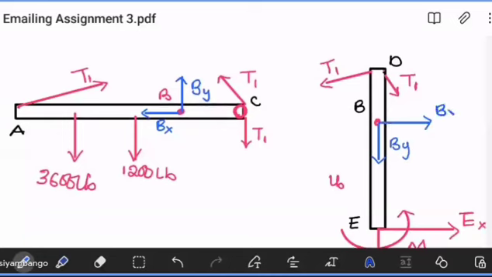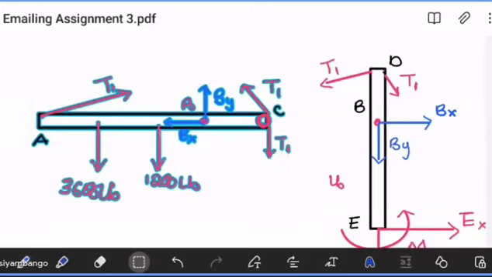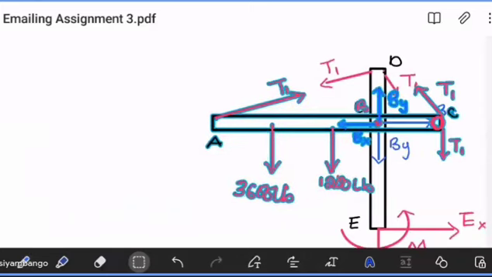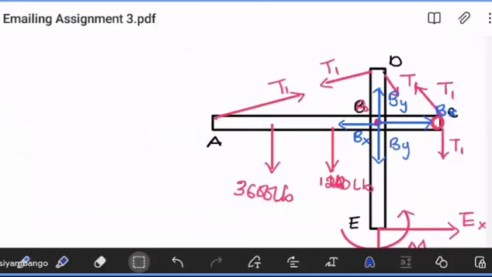This is necessary so that when this is taken back to make the complete setup we started with, the forces at that particular point add up to 0. Clearly, if Bx is going to the left and another Bx is going to the right, in the x we get 0.